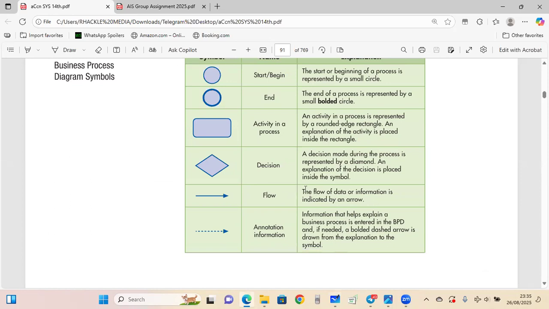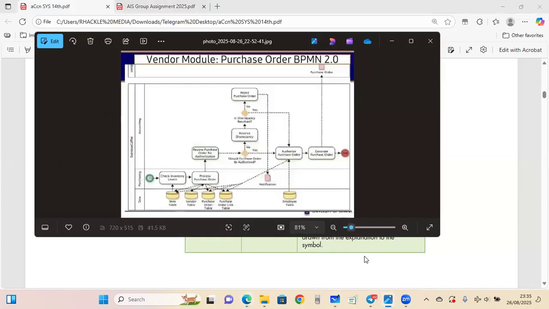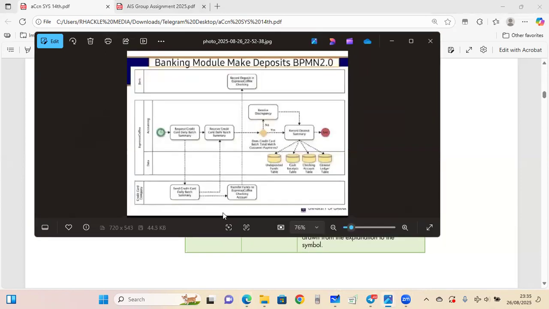So here you see they are saying that the flow of data or information is indicated by an arrow. The annotation is the information that helps explain the business processes entered in the business process diagram. And if needed, the bolding dash arrow is drawn from the explanation to the symbol, right? But from what I saw and read and videos I watched, most of the arrows that were connecting the activities were straight, but the ones that were connecting to the databases were broken.